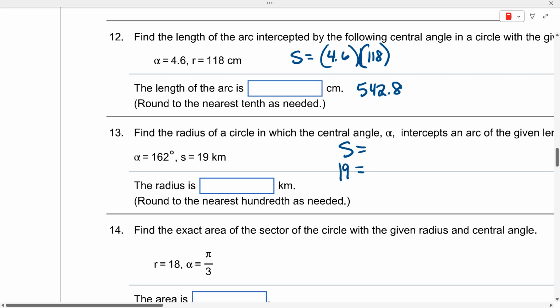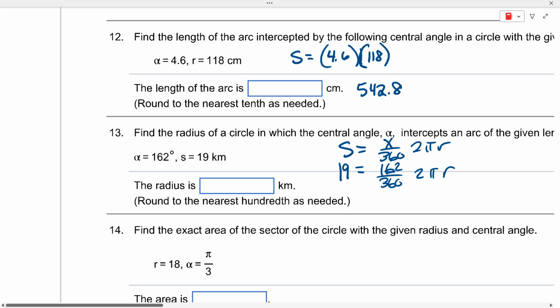So I've got to scrap the trig formula and use the geometry formula: x over 360 times 2 pi r. So it's x over 360 times, x is 162, times 2 pi r. Okay, I've got to get r by itself.